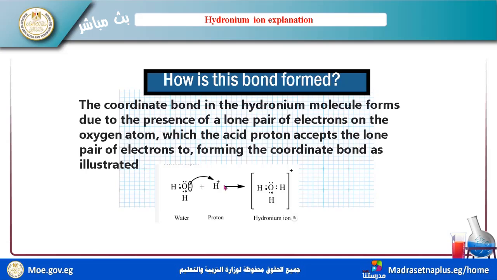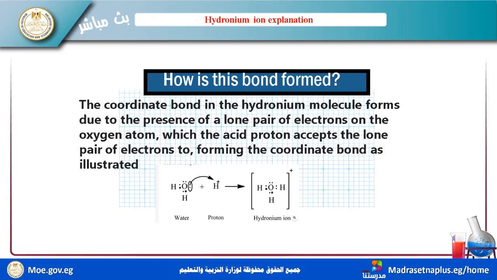Hydrogen has an empty orbital, so it accepts. This is an acceptor, not a gain of electrons. Hydrogen here does not gain electrons but accepts electrons. Oxygen here does not lose electrons but donates. What is the difference between losing and donating? Losing is an important thing for the metal.